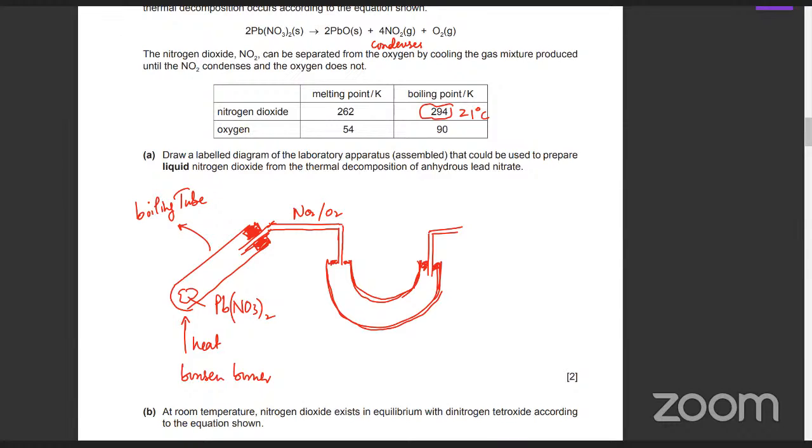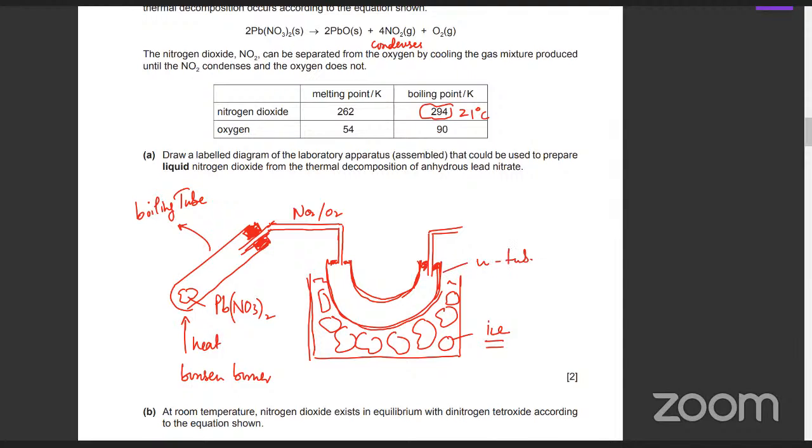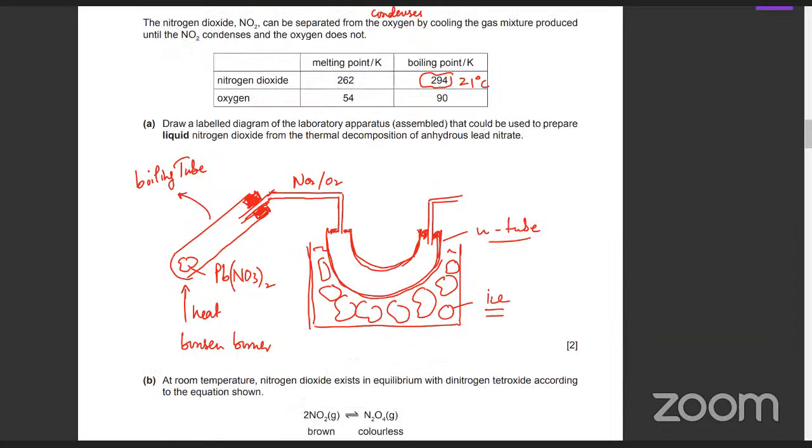And this has to be placed in a beaker, which should have a lot of ice in it, and that's your U-tube. Now remember, you can't use a condenser, because its temperature never goes to 0. It doesn't have ice in it. You need a very low temperature, so that's why you're going to use a U-tube. Is this part clear?